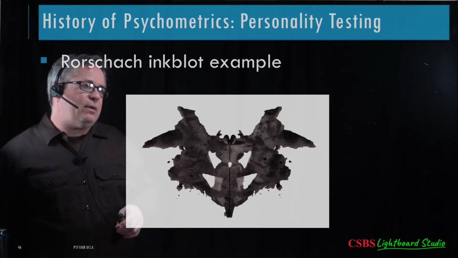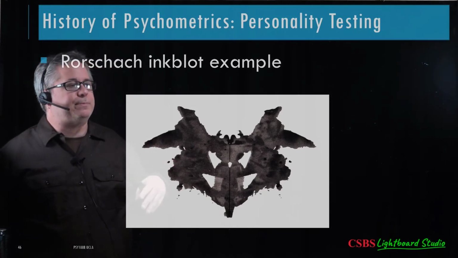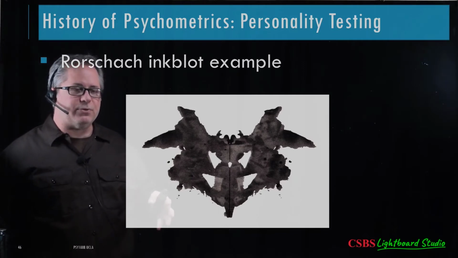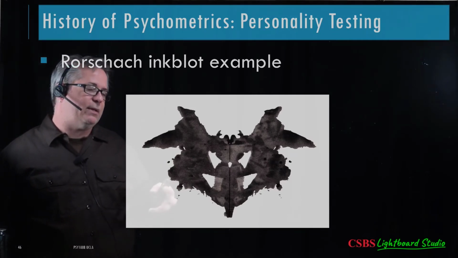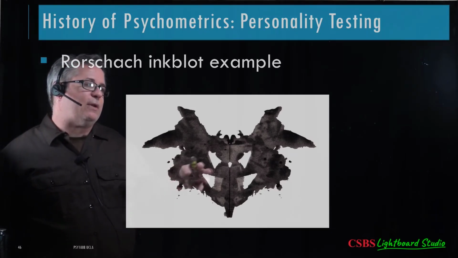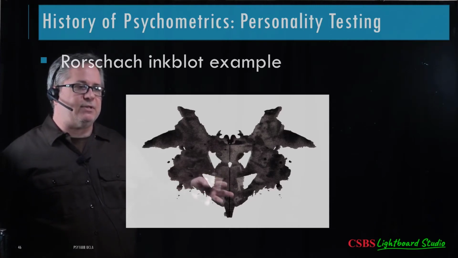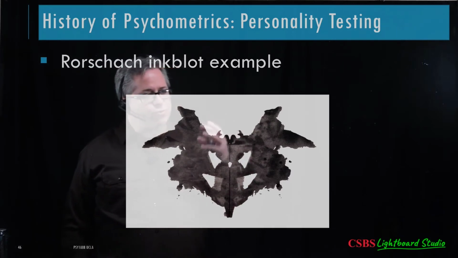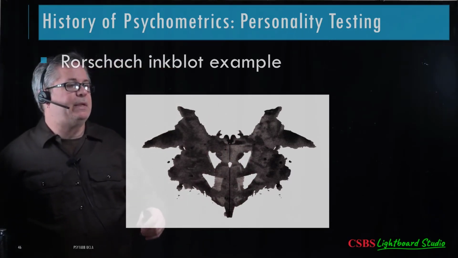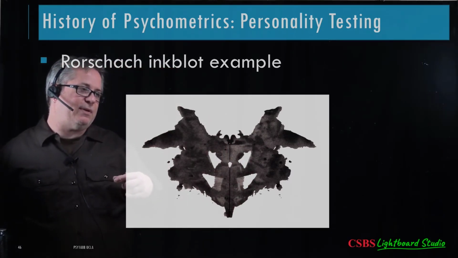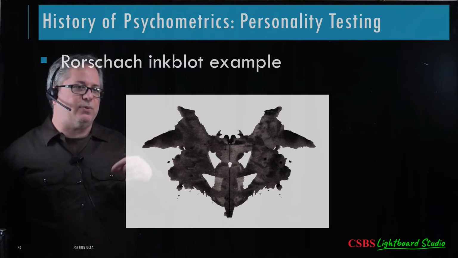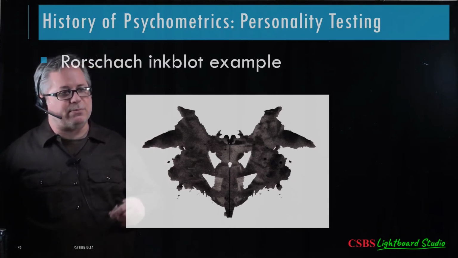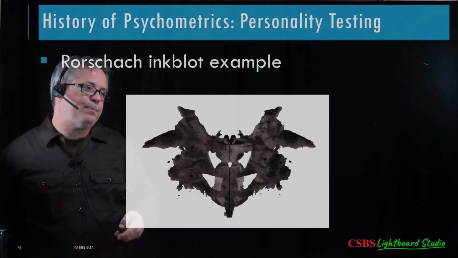A lot of that has been confirmed in some ways, where there's a lot of cognitive literature showing that your brain will constantly try to find patterns and make sense out of things that you see. This is a nonsensical pattern, so your brain's going to try to make sense out of it, and how your brain does that can tell you a little about how you think and how your cognitive processes work.